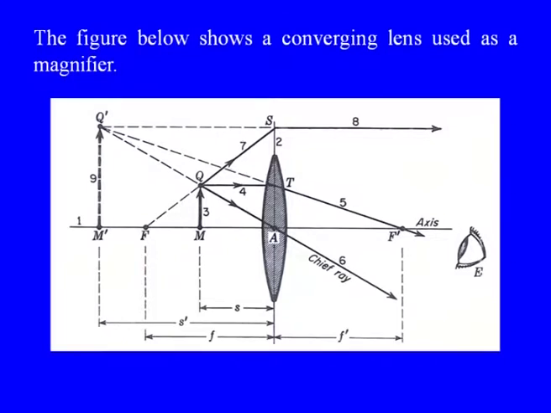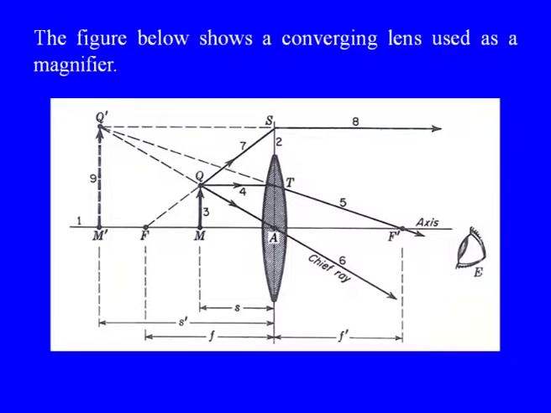This is a very typical example here. The object is very close to the lens, between the lens and the focal point. If you consider a parallel ray starting from the point Q, then naturally after refraction it passes through the F prime, as it should.